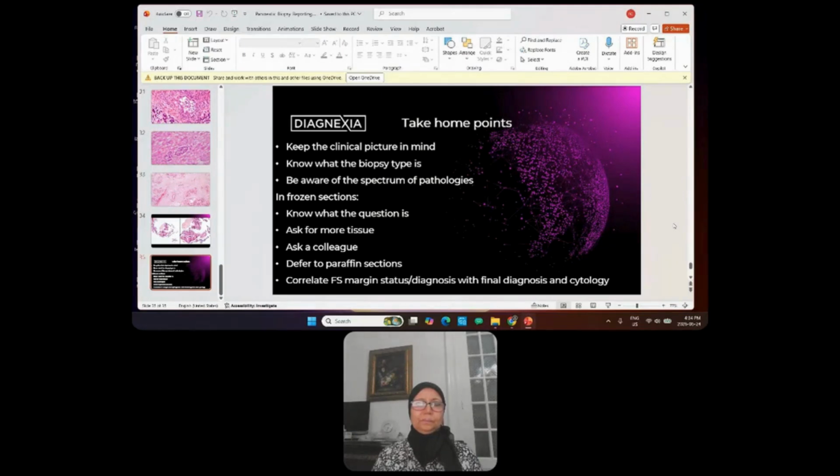So nucleomegaly and hyperchromasia are very key features. And if no 2 nuclei look alike in that stream of single cells, that indicates adenocarcinoma. But again, if the cells are uniform, then I would not on that alone diagnose adenocarcinoma. I'll start to look around for other features, or if I don't have them, I'll ask for more tissue.